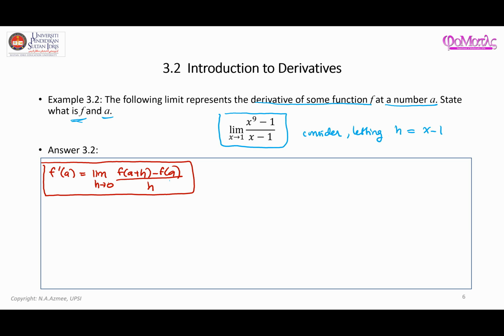If I consider this representation, I can see that when x gets closer and closer to 1, h will get closer and closer to 0. So therefore, I'm going to change the representation of this with something that has h in it.